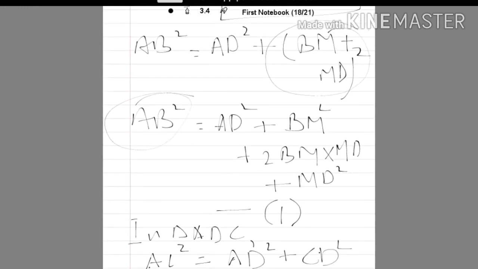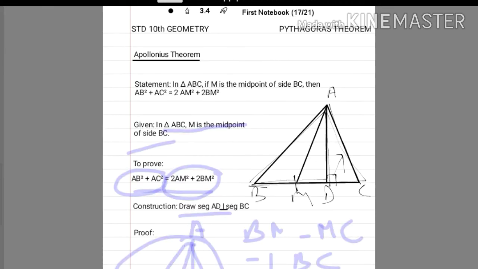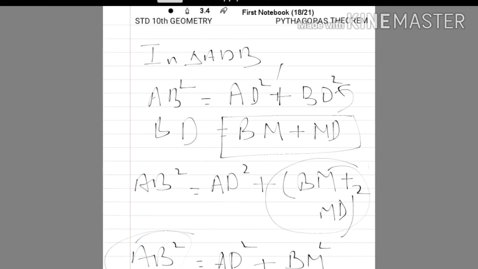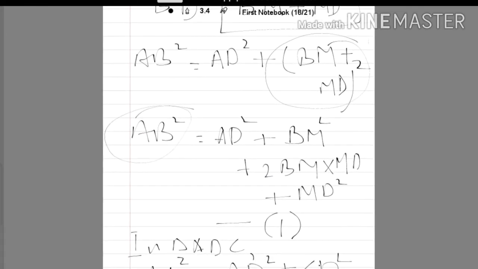CD square. Now again, in this figure, we can say that these 3 points are collinear. So can we write CD is equal to MC minus MD? So again we are going to substitute that in this equation.